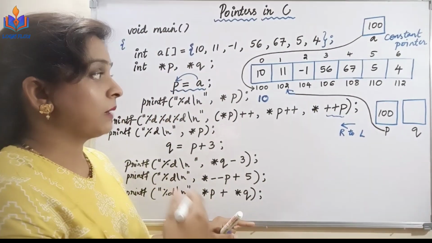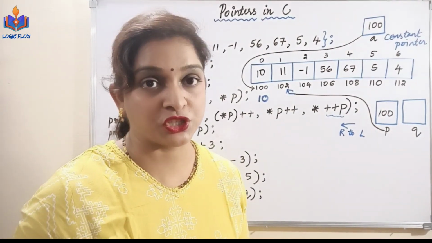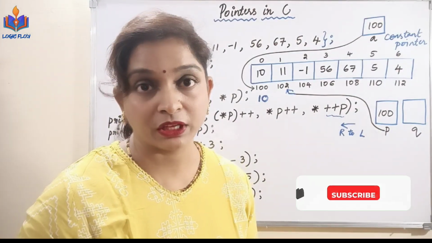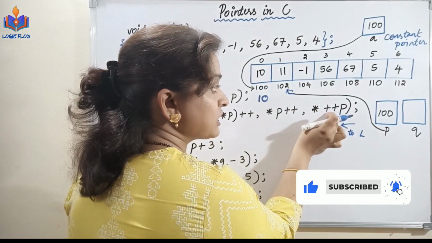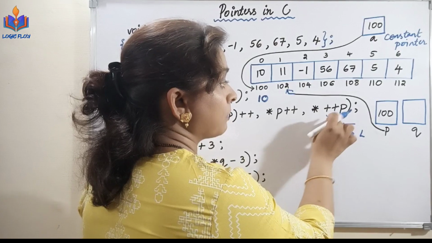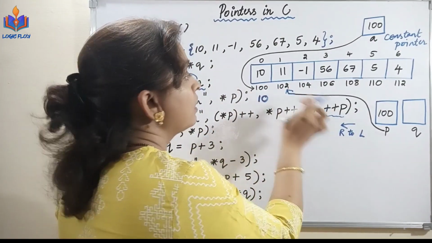So hence, I am dealing with this complex program so that you can face any competitive exam questions, and all these type of questions will be asked in interviews and all, right? So here when I say ++p, the operator is first, so it is pre, means first. So it is prefix increment with pointer. P was pointing to 100.